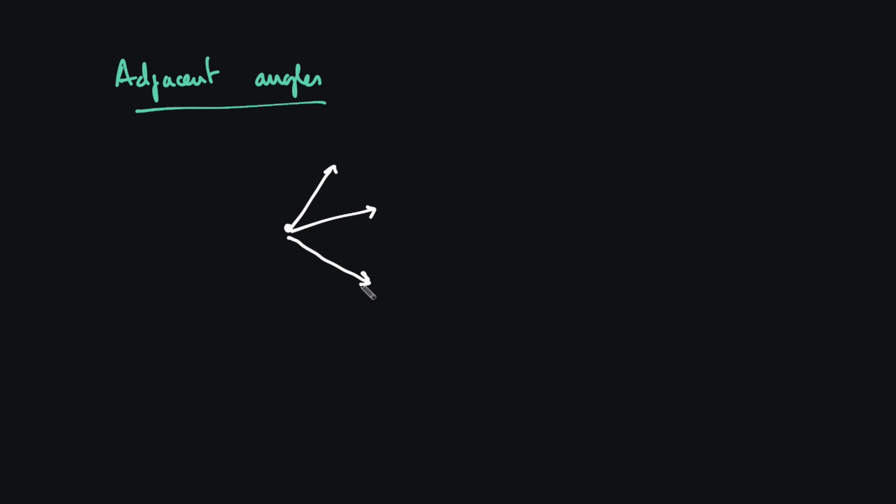Another really useful concept is adjacent angles. Two angles are adjacent if they have a common vertex and a common side in between them. So adjacent angles need to have a common vertex, right? And a common side. So this side right here is common to both angles.